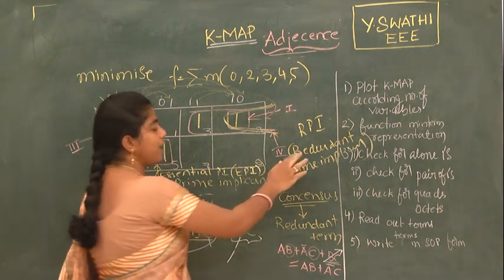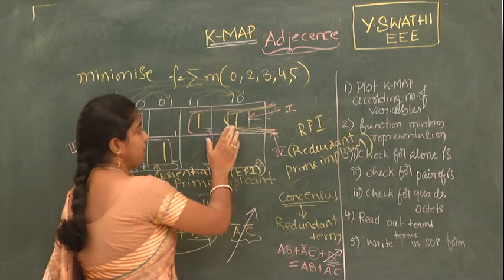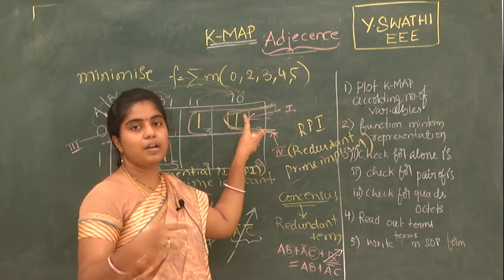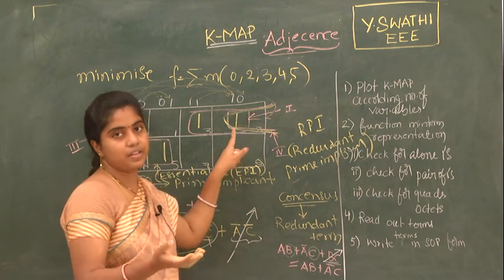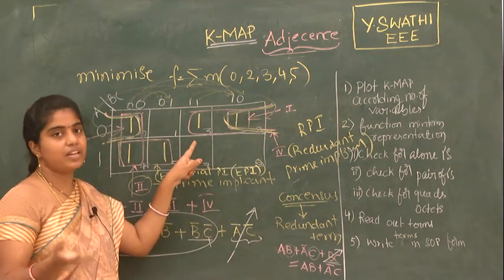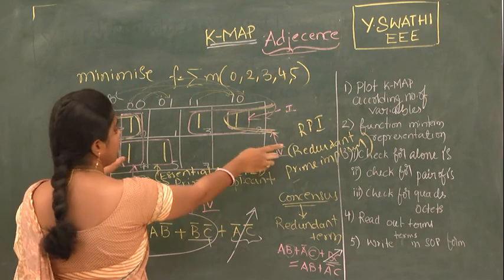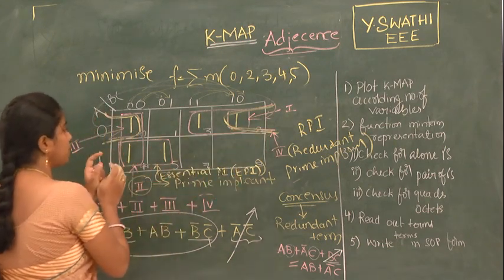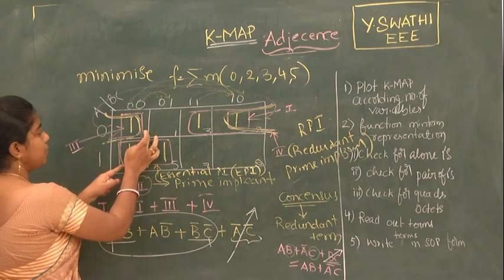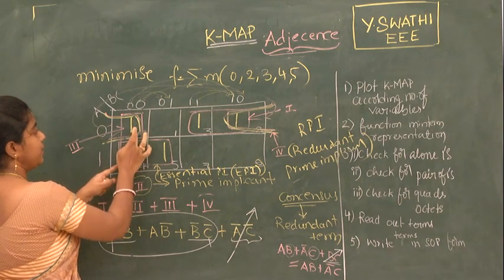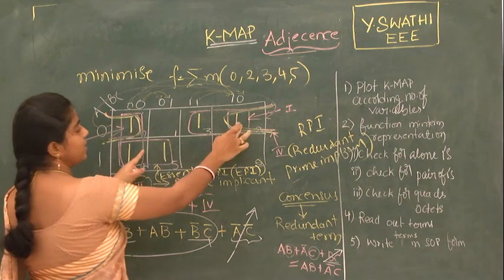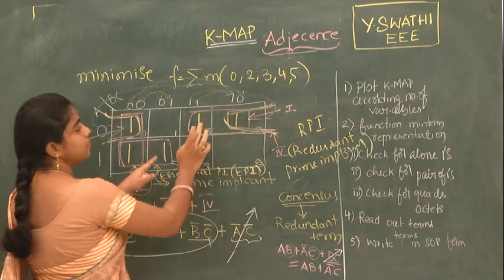And the redundant prime implicant means in this group, each one is combined with other groups. If you can see, 2 and 0 form a group. And this 0 is paired up already, and this one is already paired up with this.